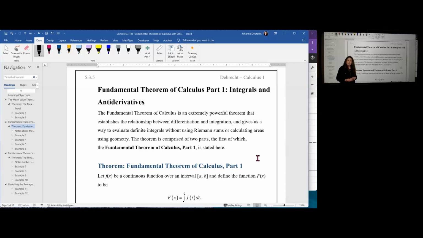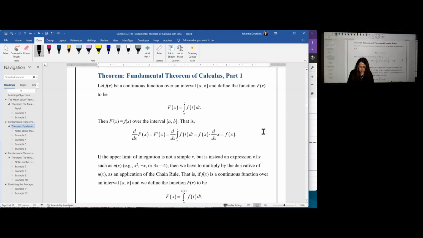We have 2 parts to the fundamental theorem. Part 1 is the one we begin with. It is the one that we use less often, but again, it's foundational to proving some of the later theorems. We start, as we often do, with a continuous function over a closed bounded interval from a to b.